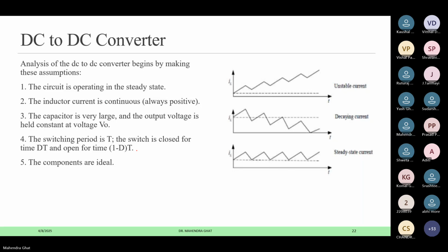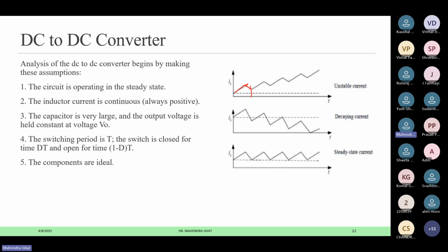Another point: if I keep the off time very low and my on time very high, what is happening? When the switch is on, the inductor current rises to some value. When the switch is off, it reduces, but it has not reached the initial value, so it is not periodic.